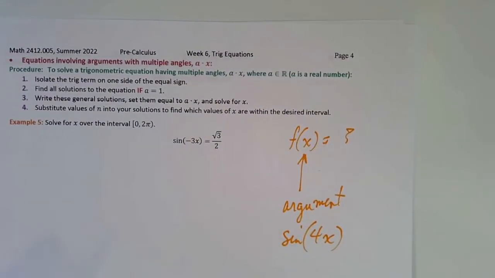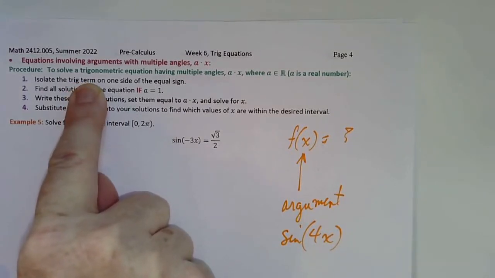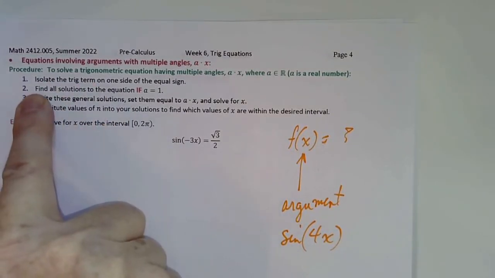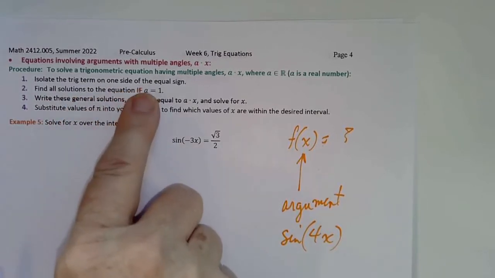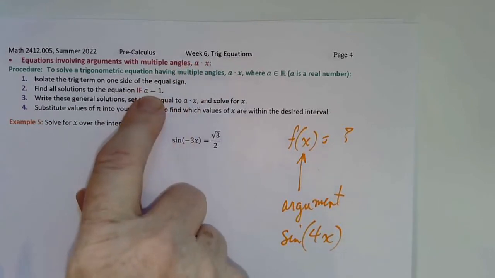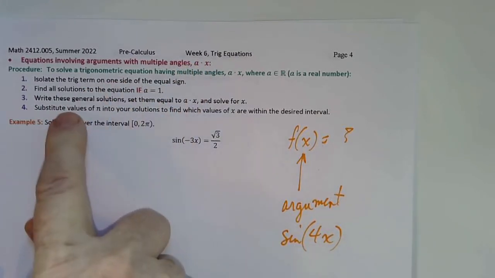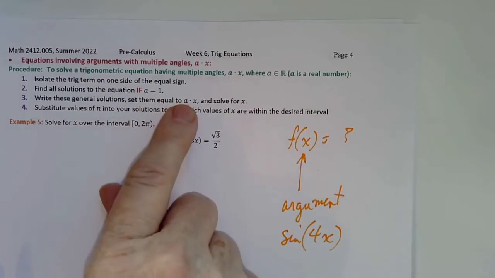So here the steps are: we want to isolate the trig function on one side of the equal sign. We want to find all the solutions to the equation, assuming that a is 1, whatever this constant is. Then we're going to write the general solutions and set each of them equal to a times x.